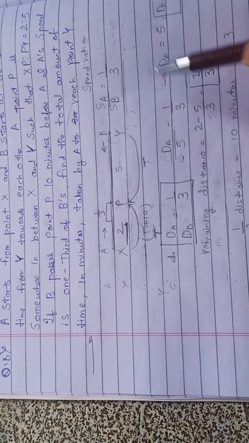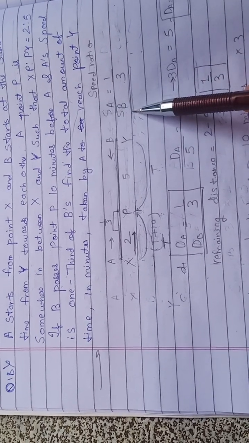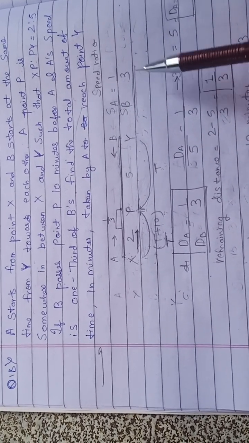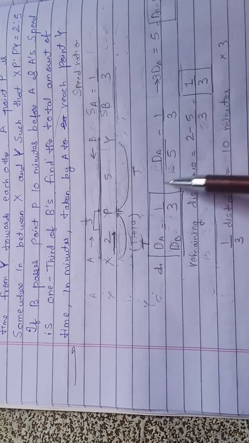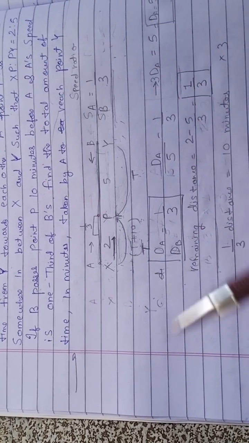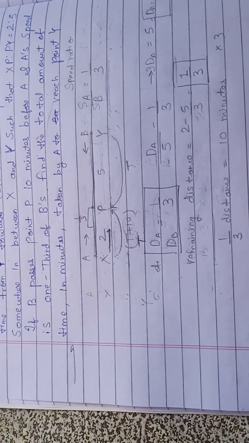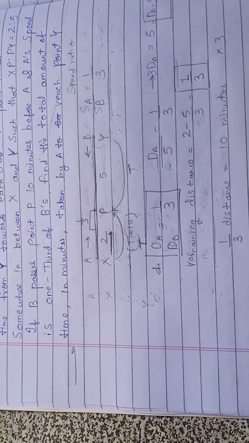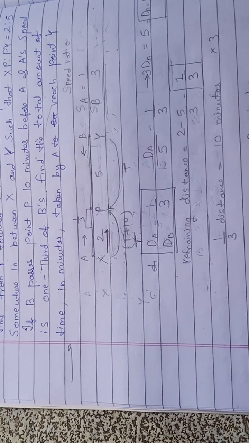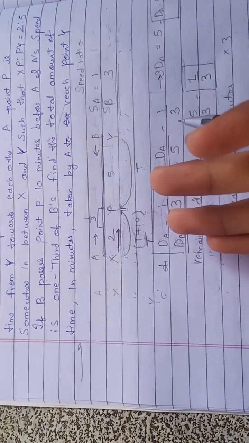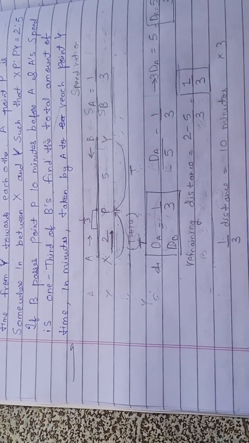Now SA upon SB is equal to 1/3. That's the ratio of speed, and here we got the same thing. That's the ratio of distance as well: dA by dB is equal to 1/3. You have just cracked this question within a second. In the exam you solve these types of questions within 30 to 40 seconds.